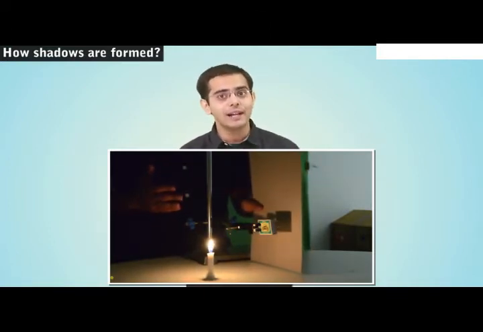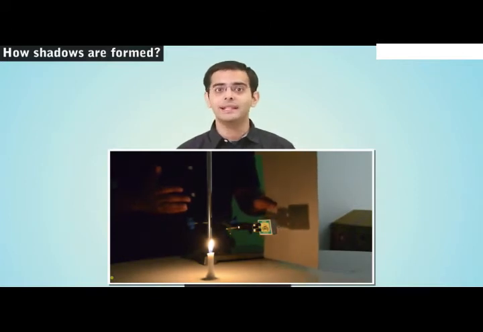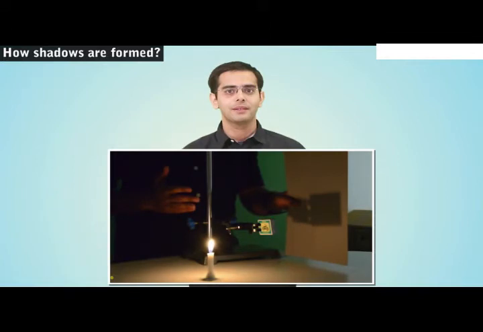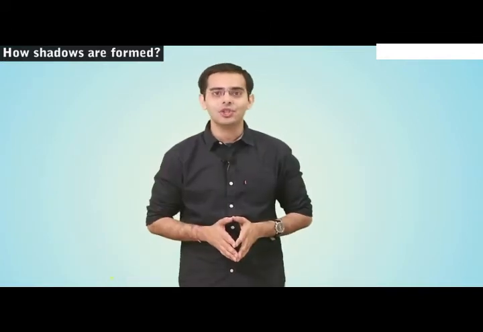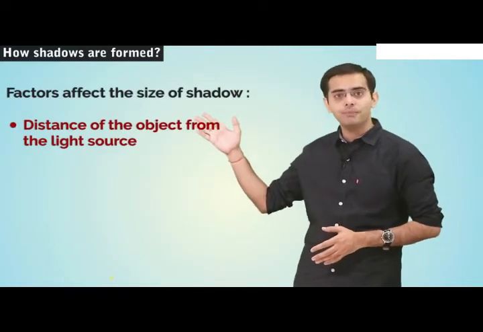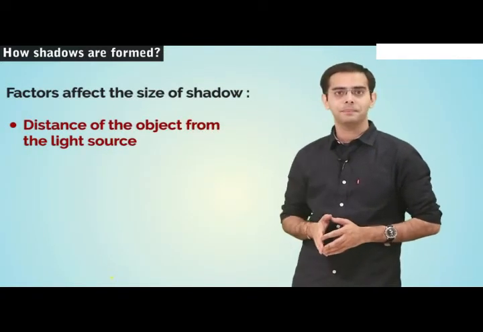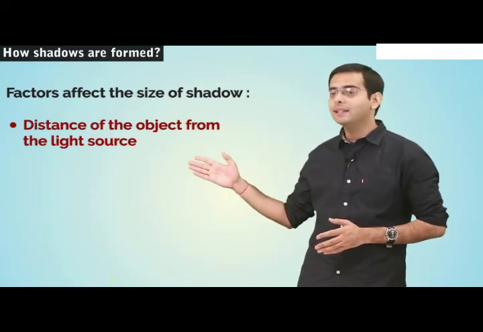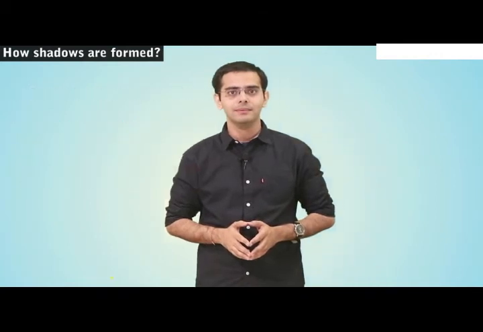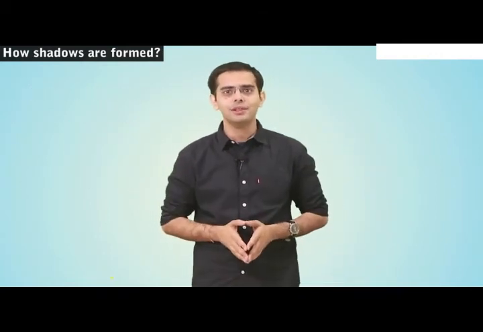And the size of the shadow increases when the screen is placed away from the light source. So these are the two factors on which the size of a shadow depends. What are they? The first one is the distance of the object from the light source. And the second one is the distance of the screen from the light source. So, understood the concept of shadow formation?